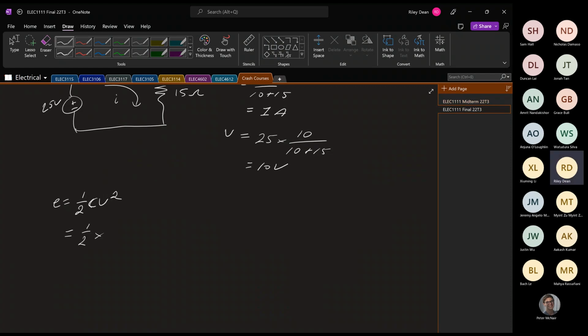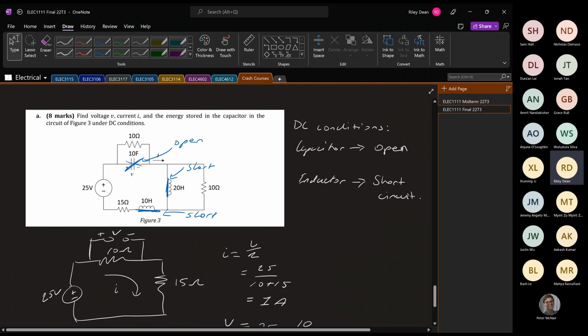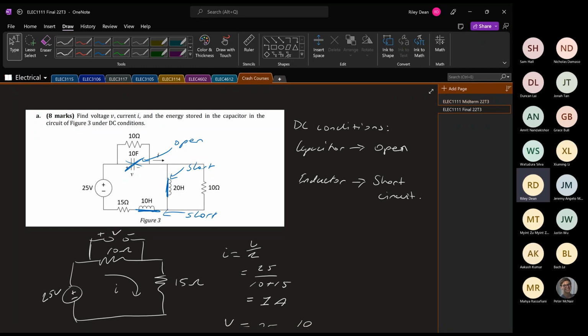So we can go half times 10 times 10 squared, giving us 500 joules. So that one's a fairly quick question, but only if you're aware that opening and shorting these inductors and capacitors can make a big change to your circuit.